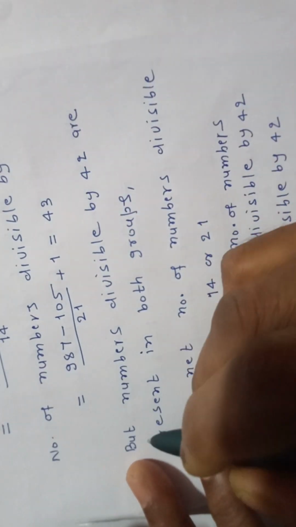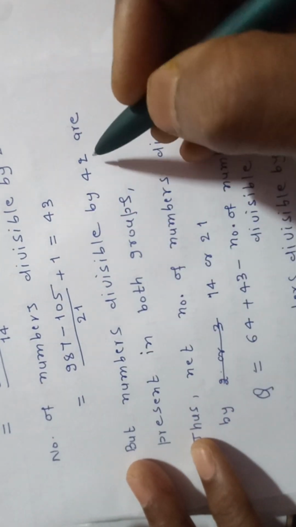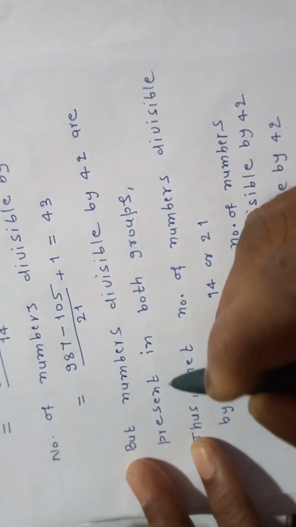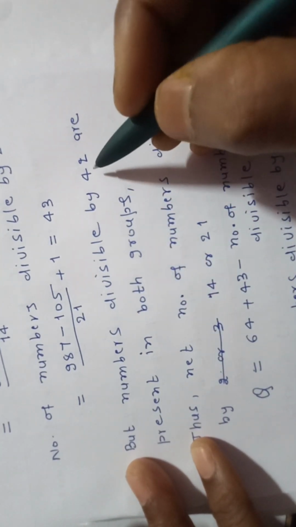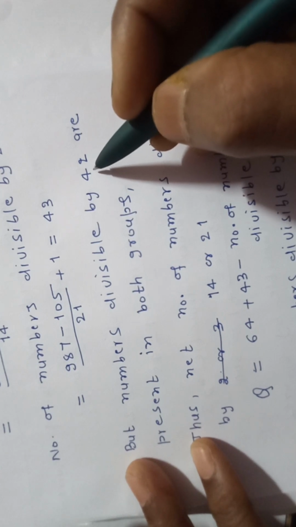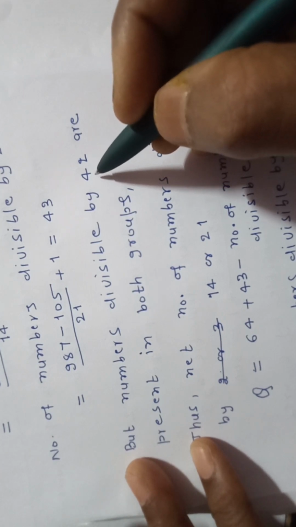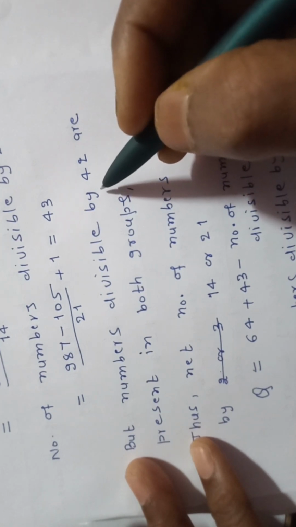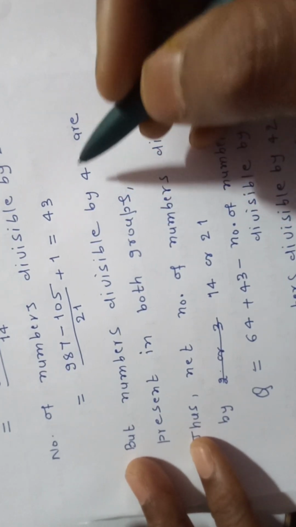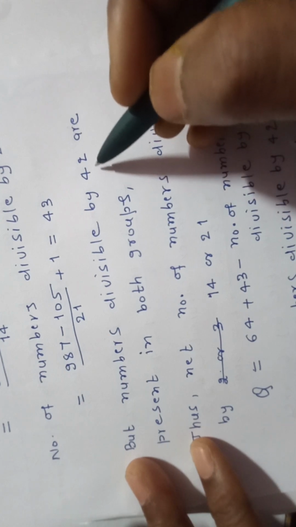Here also, numbers divisible by 42 are present in both groups. Numbers divisible by 14 will also contain numbers divisible by 42 and numbers divisible by 21 will also contain numbers divisible by 42.